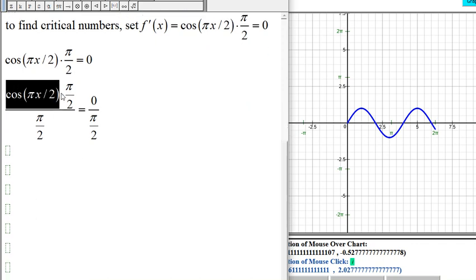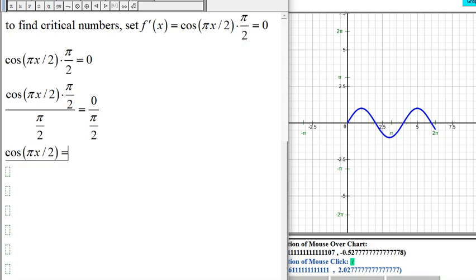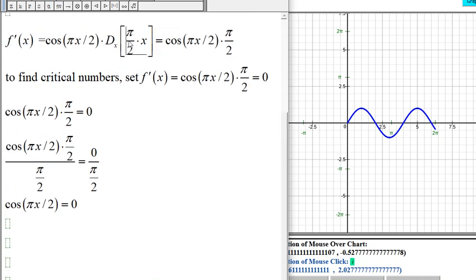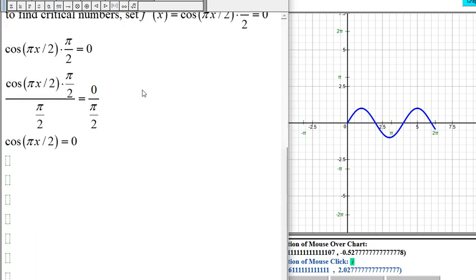And so we get cosine of pi x over 2 is equal to 0. Let's write it like this so it's easier to see. And then, so we need to figure out where the cosine is 0.